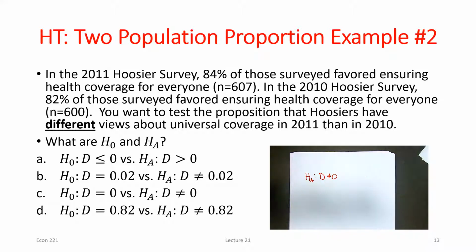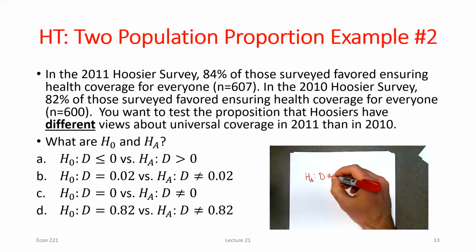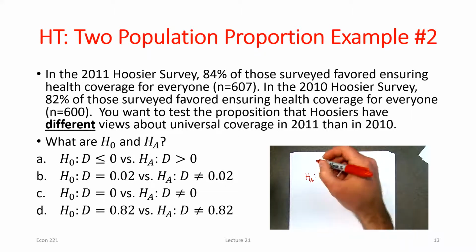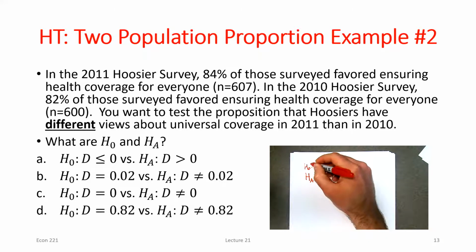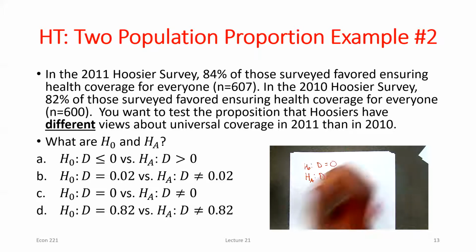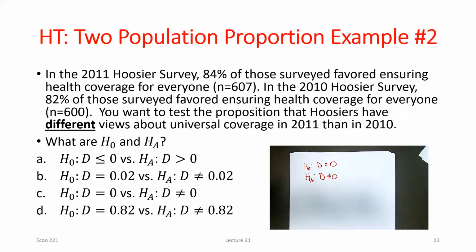So similar to the one population examples, anytime I see this word different from, different than, when I have these difference in proportions or difference in means, that word different should be thinking about a not equal to sign in the alternative hypothesis, right? Just want to test for whether or not the difference between these two is anything other than 0. So I assume the opposite for the null, which is that that difference actually is 0, that they're exactly the same, that views haven't changed at all.